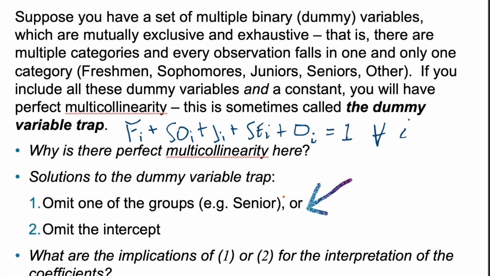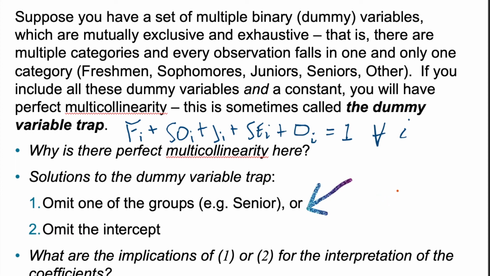And when you omit one of the groups, then what you have for the coefficient on the dummy variable is the relative difference between, let's say, the freshman group and the omitted group.